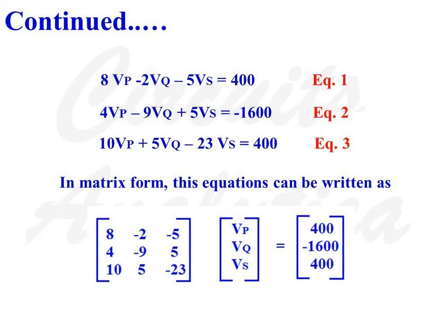In matrix form, these equations can be written as matrix of 8, minus 2, minus 5; 4, minus 9, 5; 10, 5, minus 23, into matrix of Vp, Vq, Vs is equal to matrix of 400, minus 1600, 400.